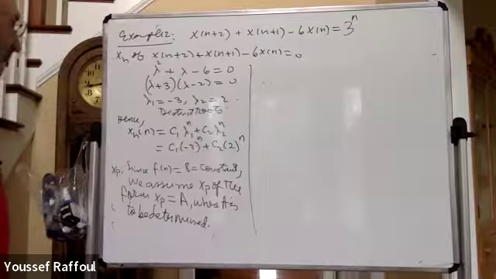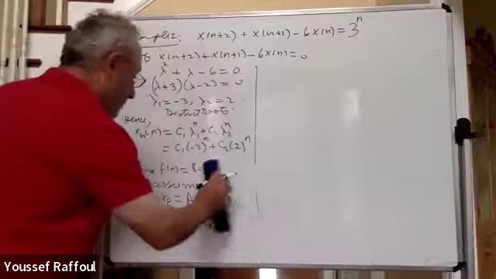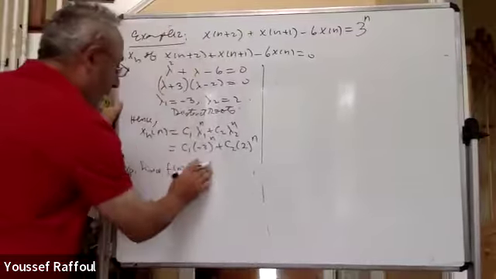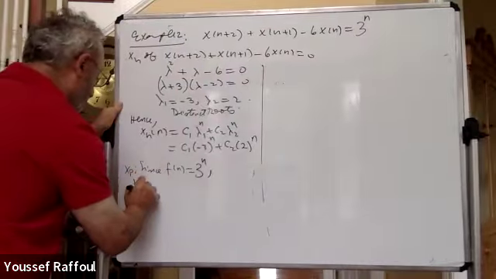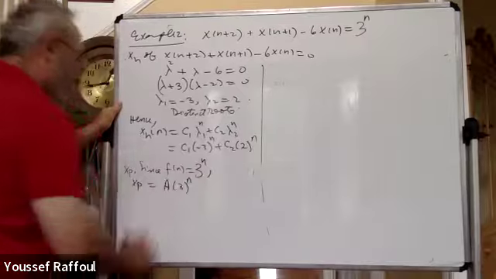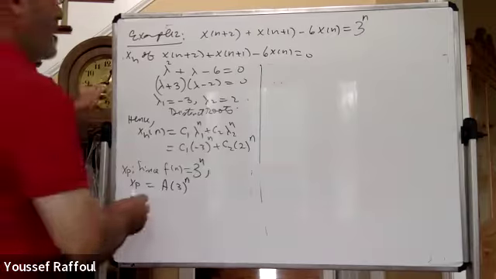Now, since f_n equals 3 to the power n, we take x_p to be a times 3 to the power n. You see what happened? Now substitute.